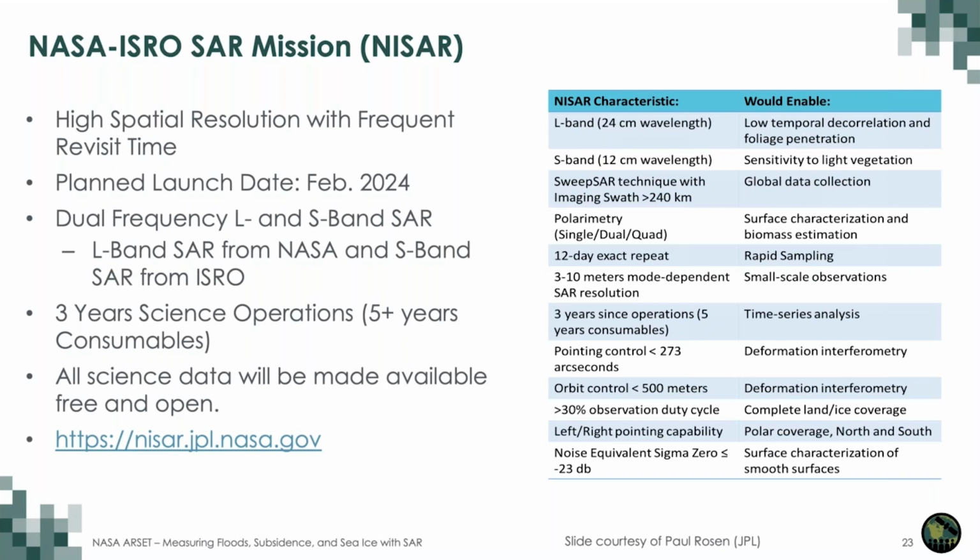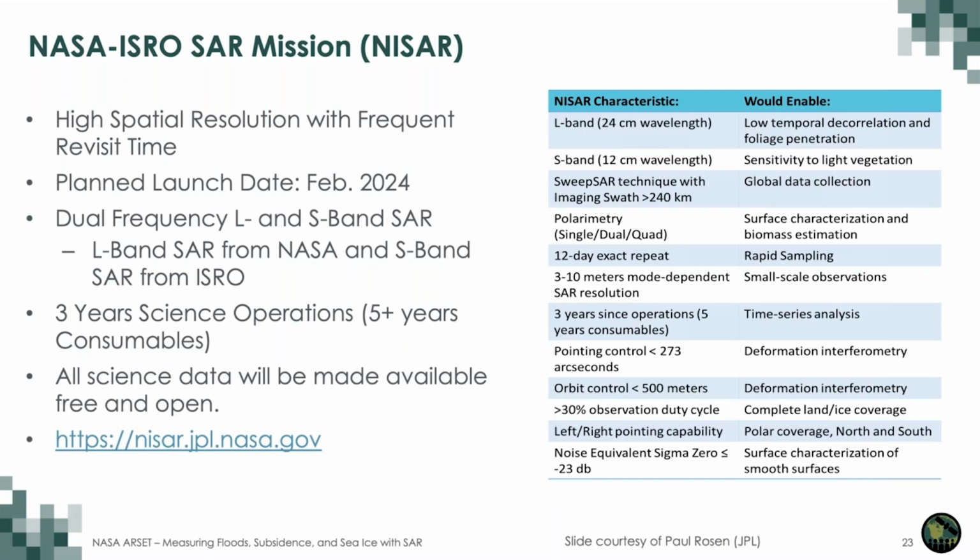It's called SweepSAR, which makes the SAR interferometry much easier to deal with, because there are some issues in the way that the Sentinel-1 satellites operate that add extra complexity, which we believe the NISAR SweepSAR method will avoid and provide better quality data over all land.